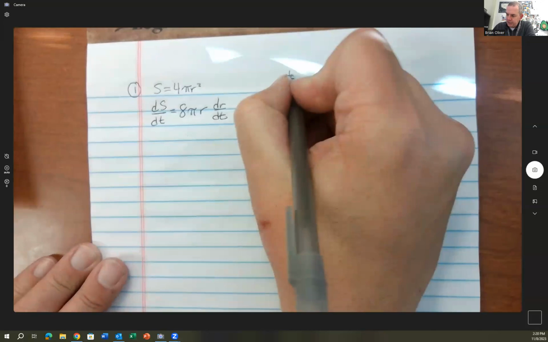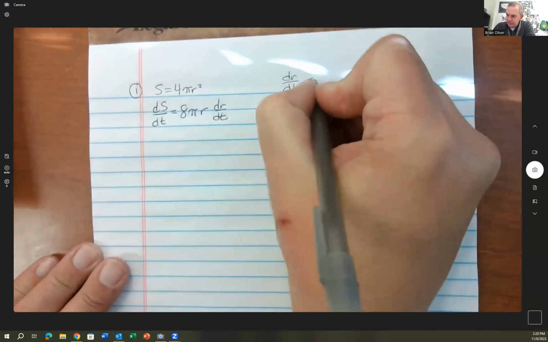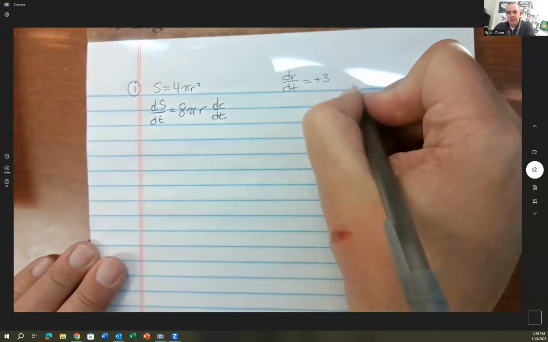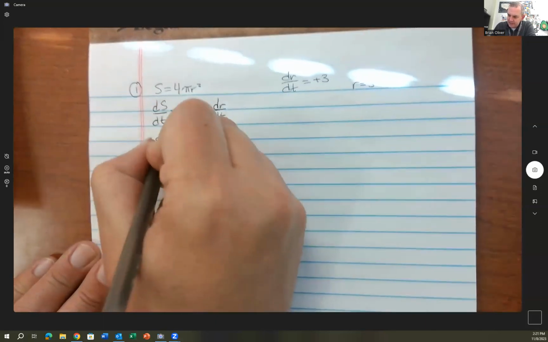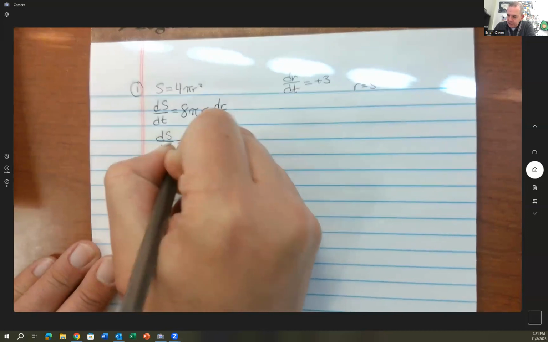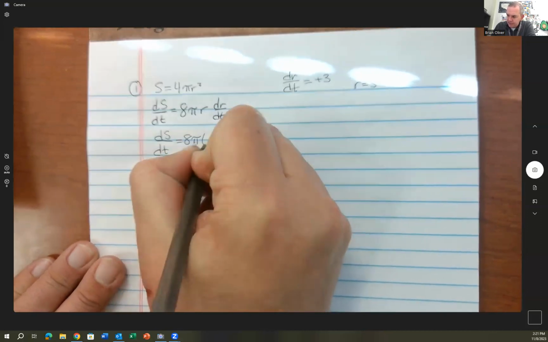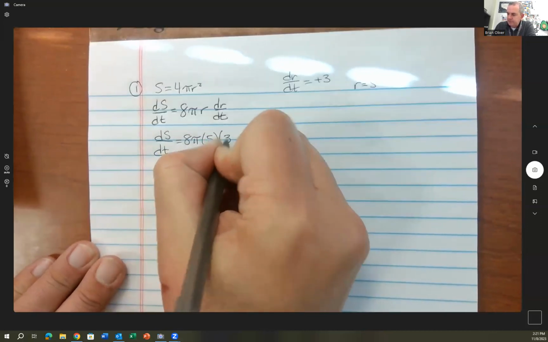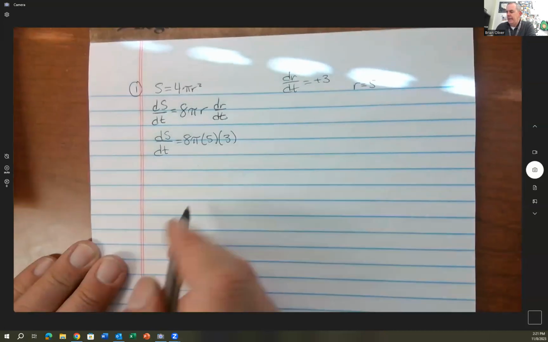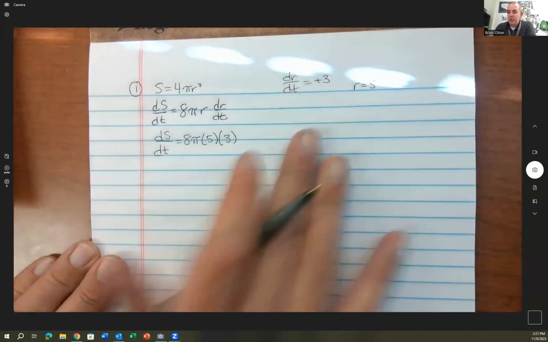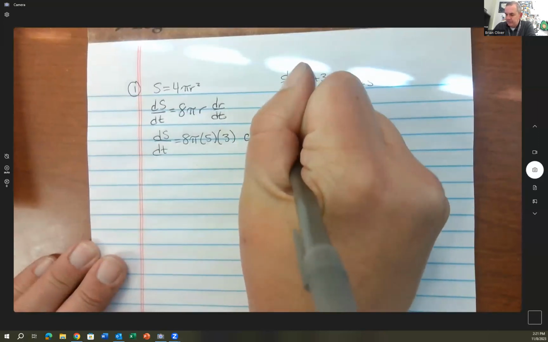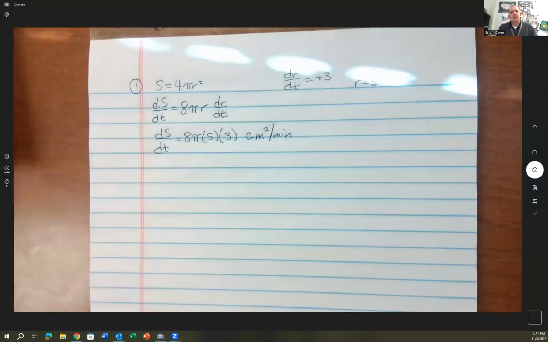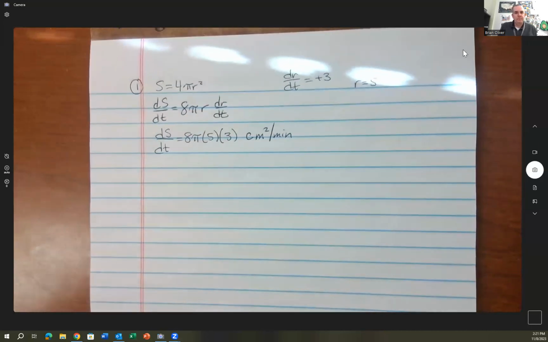Now what I know from the sheet is that dr/dt is equal to positive 3, and that the radius is equal to 5 centimeters. So I plug in and I get dS/dt equals 8 pi times the radius 5 times 3. Realistically, if I wanted to, I could say that the answer was 8 pi times 5 times 3 centimeters squared per minute.